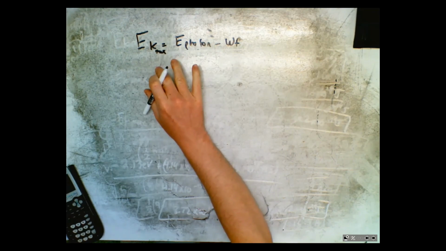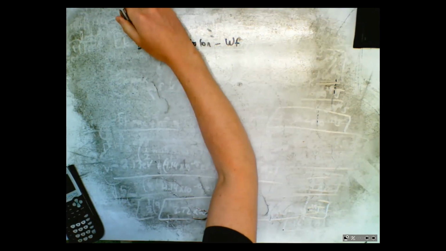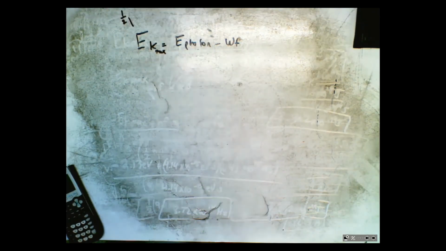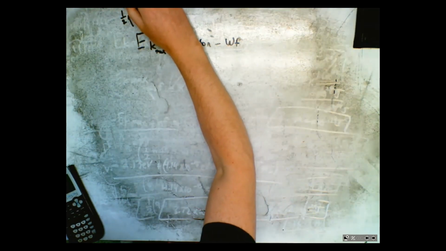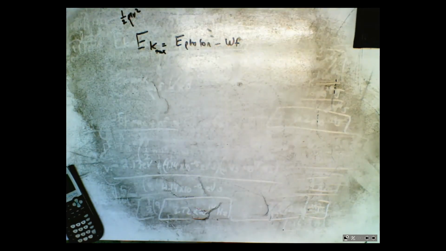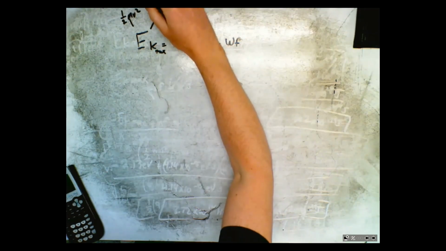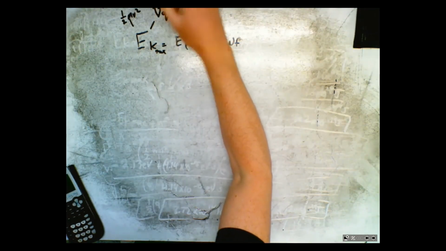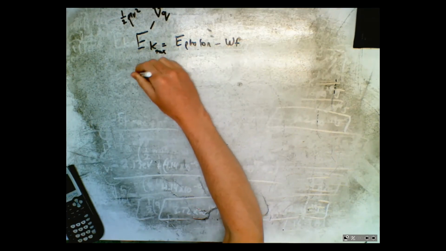That's what pretty much all of them are going to start with. Normally we had the option of breaking it down into 1/2 mv squared. But now with this new formula that I just showed you, we can also break this down into VQ. So we have 2 options, and we're trying to find the stopping voltage, so we're going to break it down into VQ. So just a new thing to break it down into.